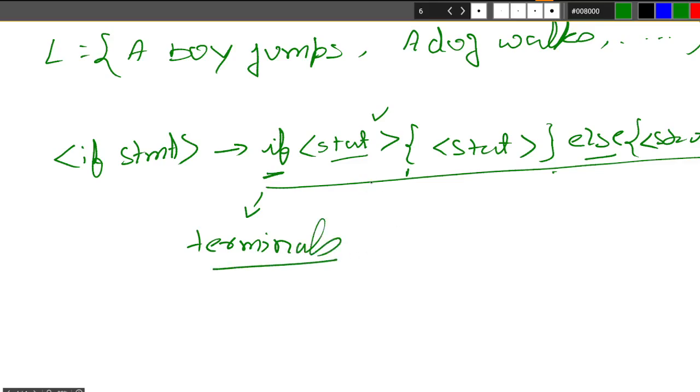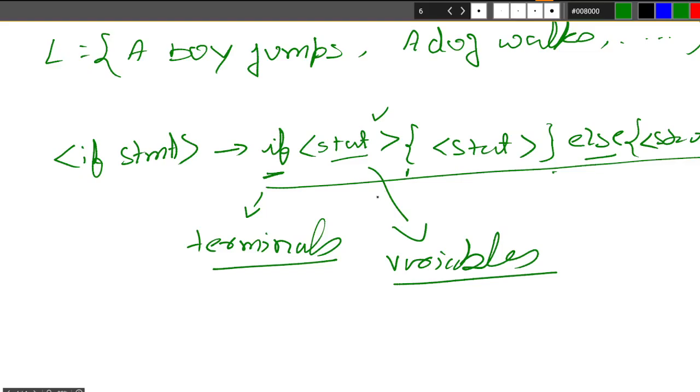However, variables are something which are replaced by terminals. Usually while writing your grammar, terminals are written in small letters, however variables are written in capital letters.